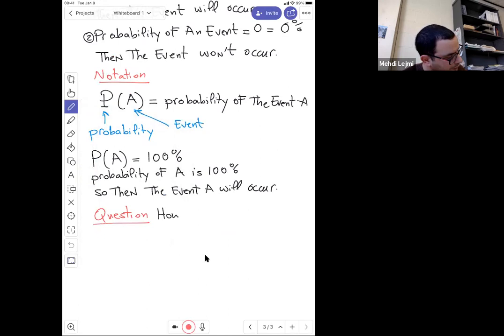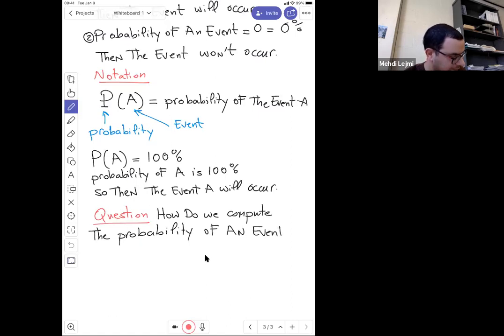Well, the formula is actually based on relative frequency.